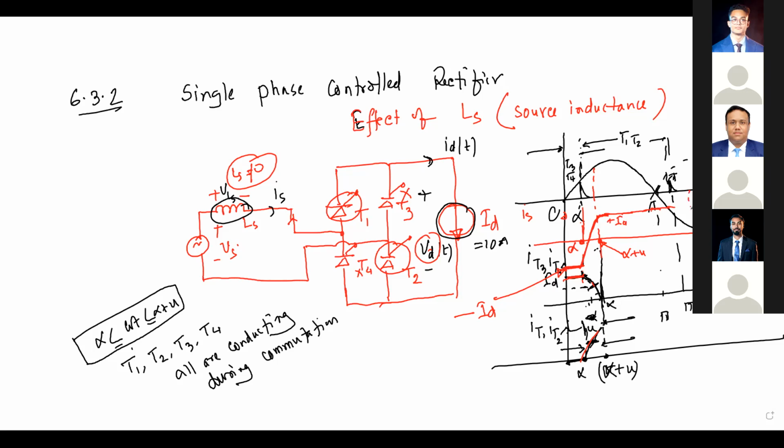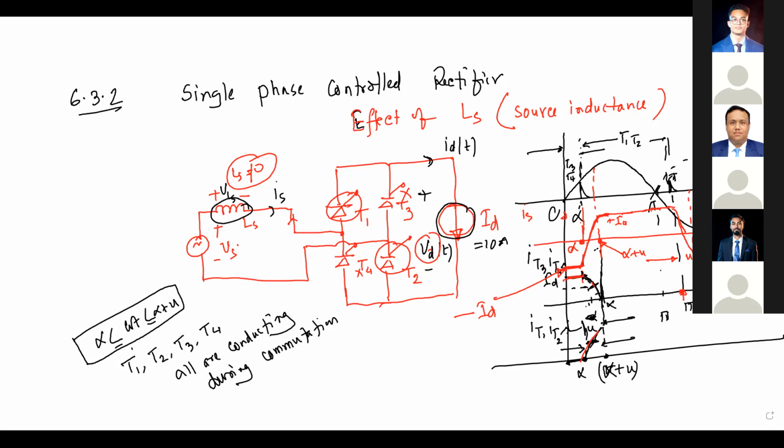And then again here, this point is pi plus alpha plus U. So this is pi plus alpha. Then what is this span? This one is pi plus alpha, and this point is pi plus alpha plus U. And again, this current will be flowing down, down, and it has gone to negative ID.